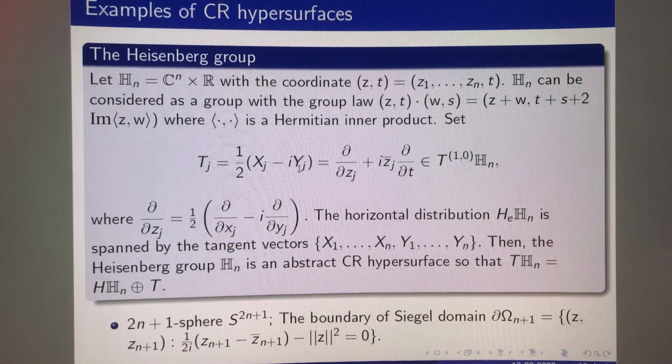And for the second one, because we want to prove the horizontal distribution can be complexified, we define an almost complex structure mapping X_j to Y_j and Y_j to minus X_j.